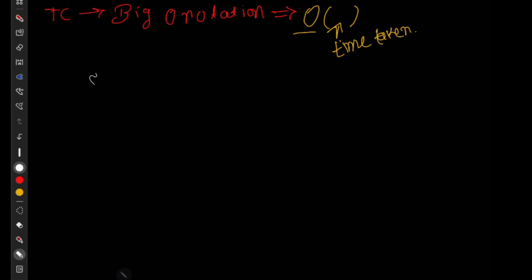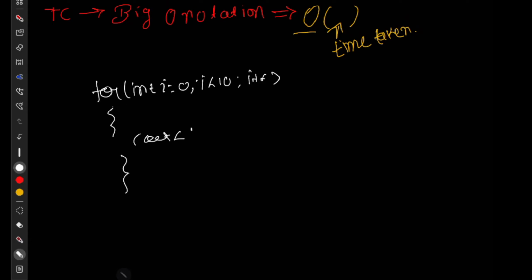Let's have an example of a code. I write here: for int i = 0, i less than 10, i plus plus, and inside I can write cout. How will this code execute and how do we calculate the time complexity? First of all, we see how many times this loop will run. I starts from 0 and goes up to 10.